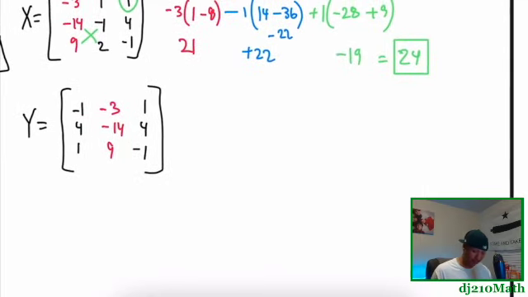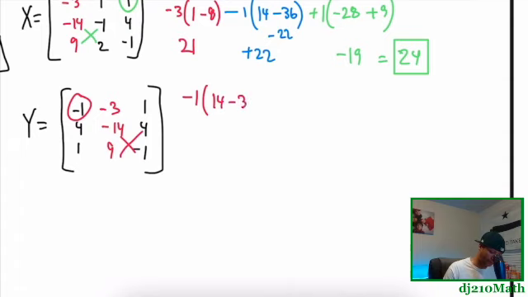Let's find the determinant again. Let's keep rocking. So -1 times diagonals. So this is going to be 14 positive minus 36, 9 times 4. So -3 times diagonals. So remember, it's the outer ones.